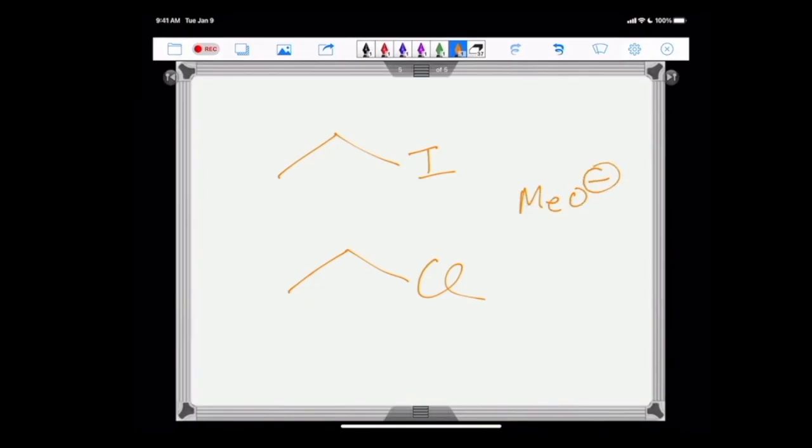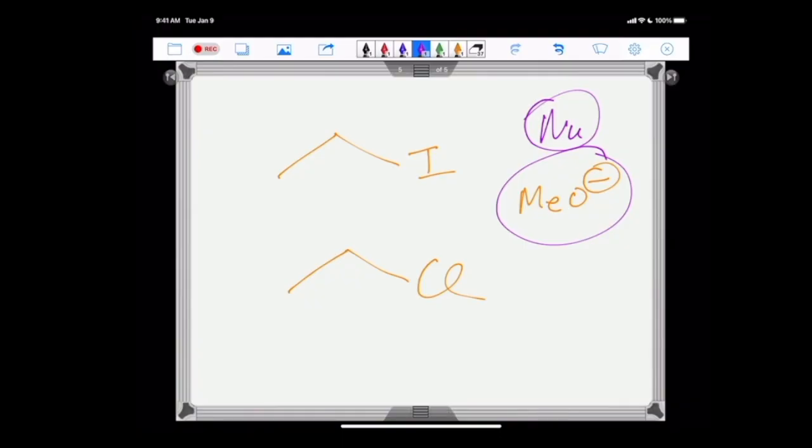In this example, what is your nucleophile 100% of the time? MeO minus. This is my nucleophile, right? Now what I have is a mixture. These are my two possible electrophiles. And I'm asking the question, who's going to win?